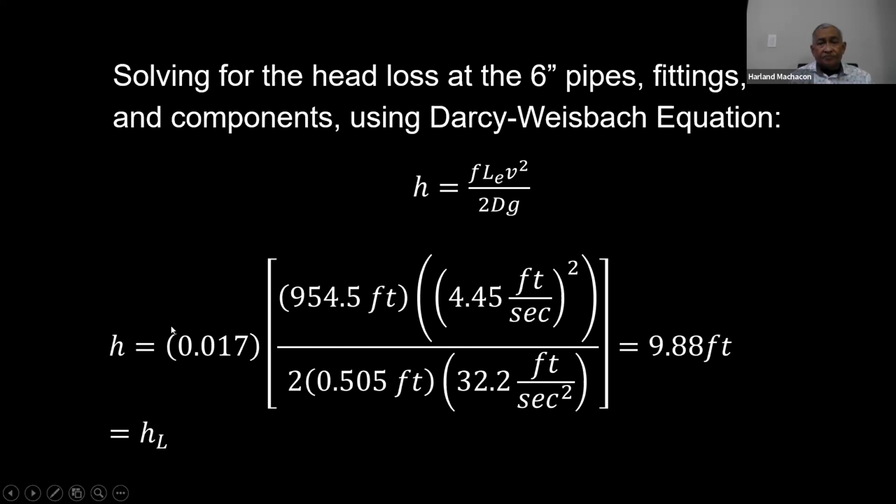For the 6-inch pipes, using the Darcy-Weisbach equation, we can calculate the head loss. We have the friction factor 0.017, equivalent length of 954.5 feet, the velocity 4.45 feet per second squared, and 2 times the inside diameter 0.505 feet, and the acceleration due to gravity 32.2 feet per second squared, and the resulting head will be 9.88 feet.